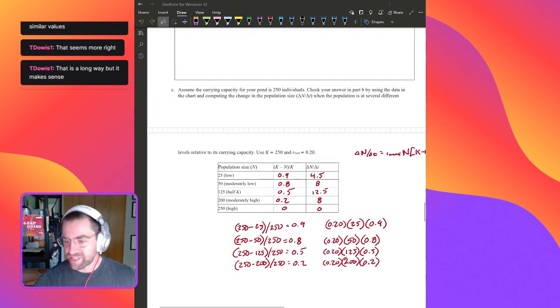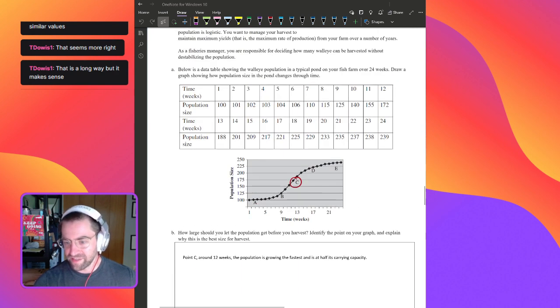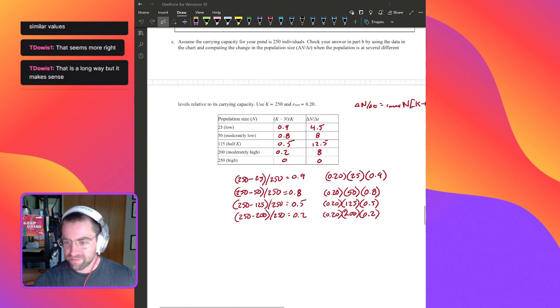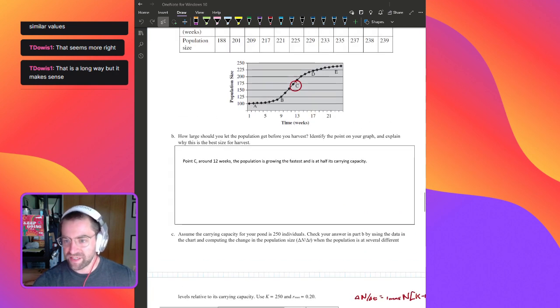All right. And just for a sanity check here, we have increasing changes in the number of individuals, peaking around 125, and then decreasing again. Does that line up with our chart? Yeah. Yep. Our rate was greatest, increasing at the greatest rate here between B and C, and then it drops off again.